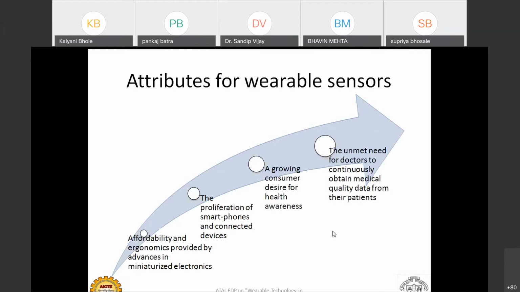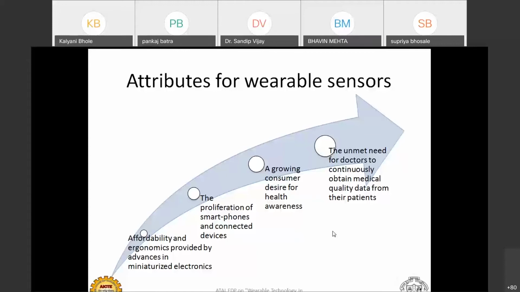So what are the attributes for wearable sensors? To bring that science fiction into reality, what are the factors which have made it possible? So these are the attributes, because of which we are actually able to bring it into reality.